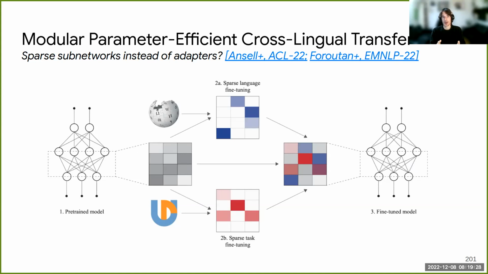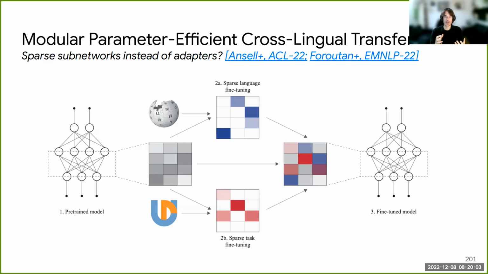Okay, we now turn to something slightly different. So we talked, for the most part, only about adapters, but other modular designs can also be used for efficient cross-lingual transfer. For example, sparse subnetworks could also be used for the same purpose, where the idea is pretty much the same. So if we think again in terms of MEDEX style transfer, we have a large multilingual model, and then we are trying to find sparse subnetworks that actually store specific language information, and also sparse subnetworks that store specific task information.